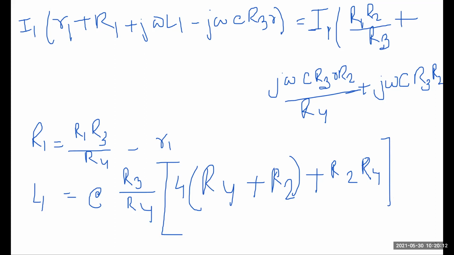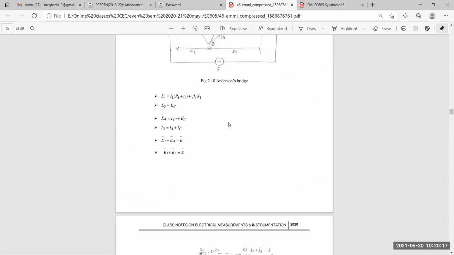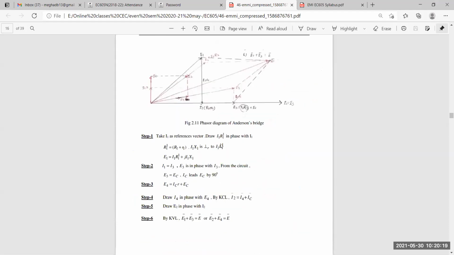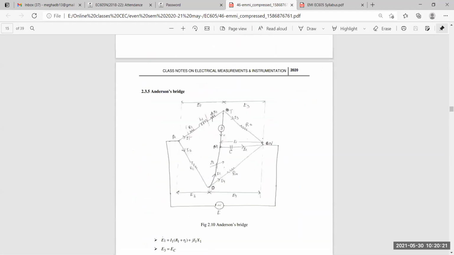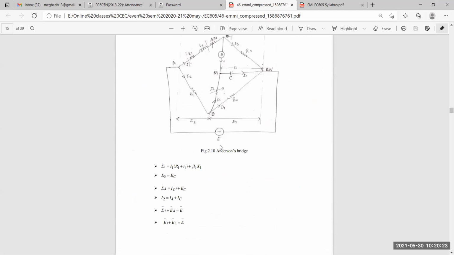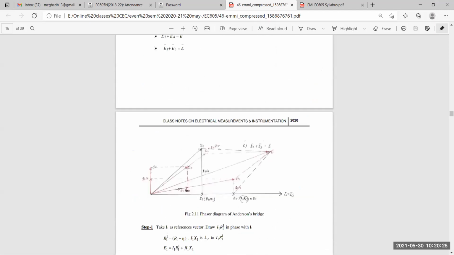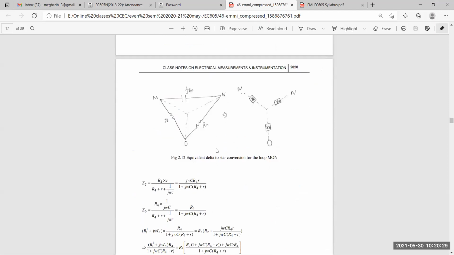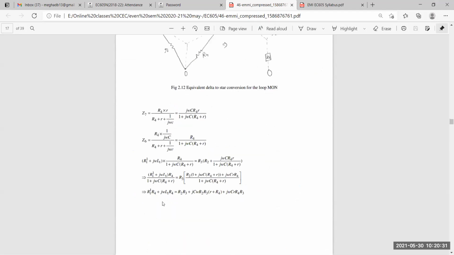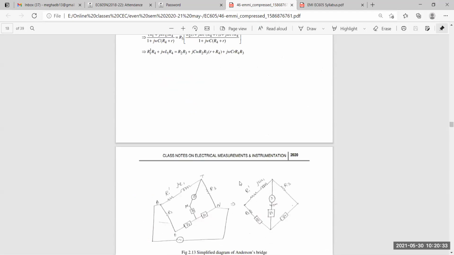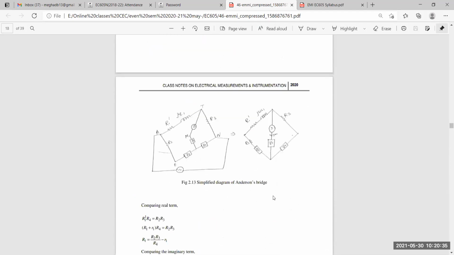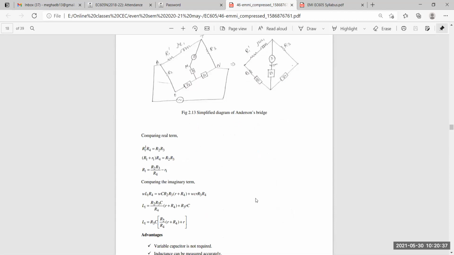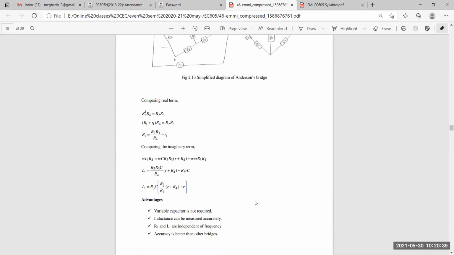Otherwise, let me share my notes with you. Here also, some calculations have been done. Similarly, with the help of this, wait. No, in this no calculation. I have not done any calculation part. So, no, sorry, I have done. So taking the loops and all, similarly, some calculations have been done here, simplifying the parts, that is the real and imaginary part.